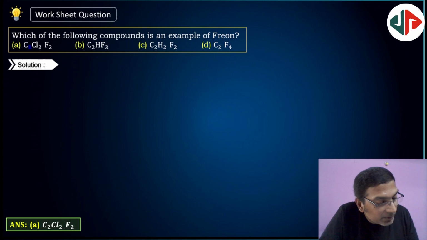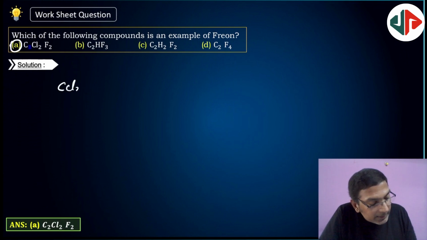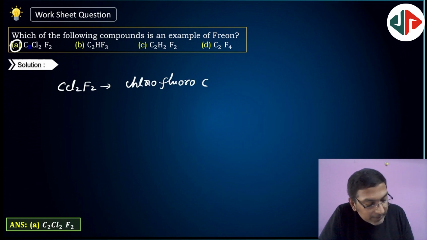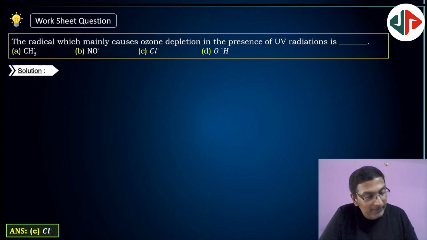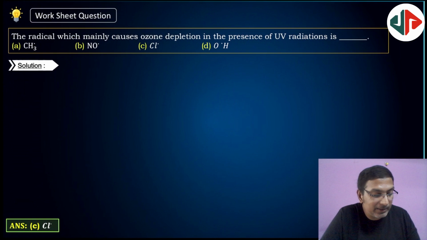It should be CCl2F2, chlorofluorocarbons. That means option A. Chlorofluorocarbons, commonly known as CFCs. Freons means chlorofluorocarbons. The radical that mainly causes ozone depletion in the presence of UV radiation is Cl radical.